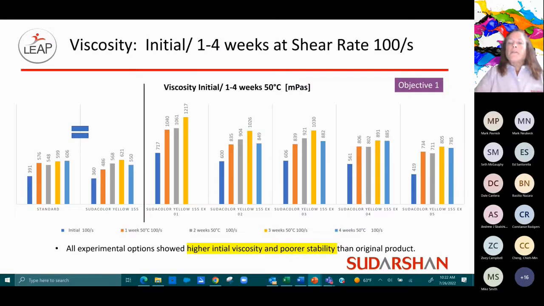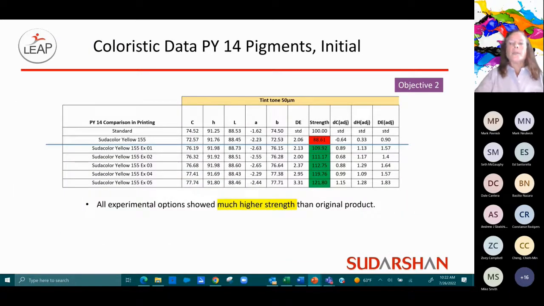So opposite the first objective, which is initial viscosity and stability, what we found was all 5 of the experimental samples unfortunately were higher in initial viscosity and did have poorer stability versus the original product. However, opposite objective number 2, which is the strength, all 5 of the samples had much higher strength than the current product.